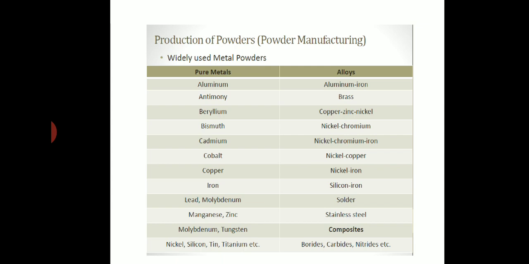Then the production of the powders. So what are the widely used metal powders and alloy powders which are mentioned here? Under the metal powders, many metal powders can be used in powder metallurgy.